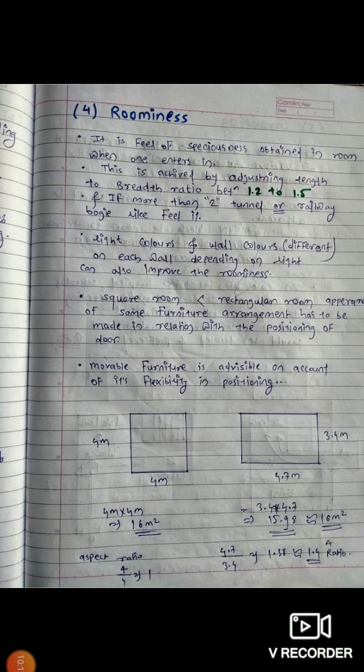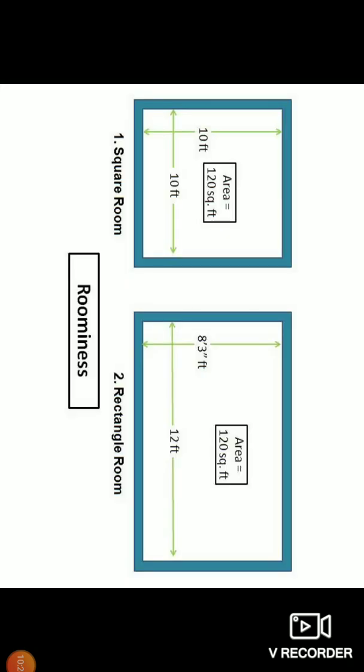In the first case, the roominess ratio is 1, 4 divided by 4, and in the other case, the roominess ratio achieved is 1.4. A rectangular room is always preferred. Another example: 10 foot by 10 foot, and the other is 8 foot 3 inch by 12 foot. The area in both conditions is approximately the same.